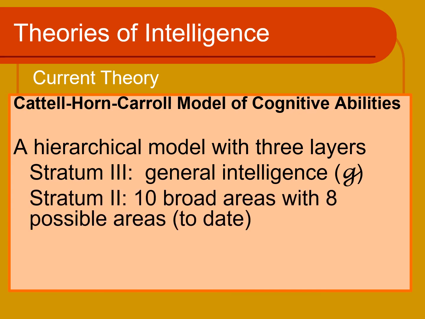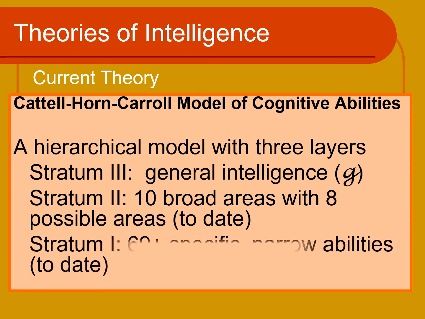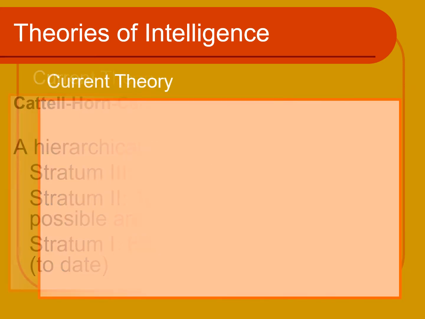Now he keeps those big, broad areas that he has researched, and he adds, also based on his research, a number of those smaller, narrow abilities. This is the Cattell-Horn-Carroll model, probably the best research and empirically supported model of human intelligence.